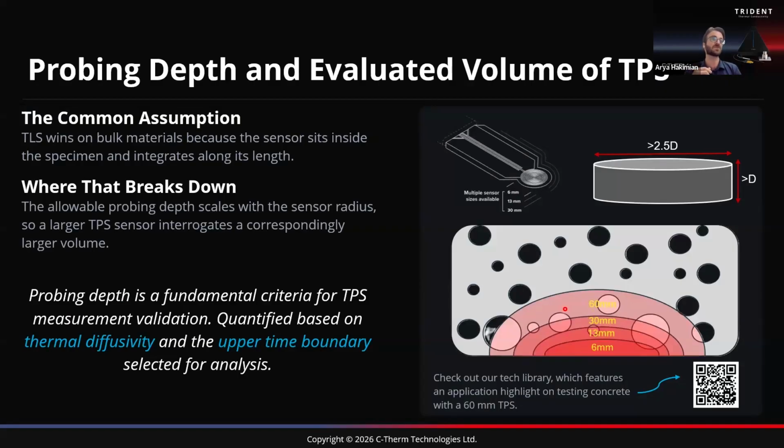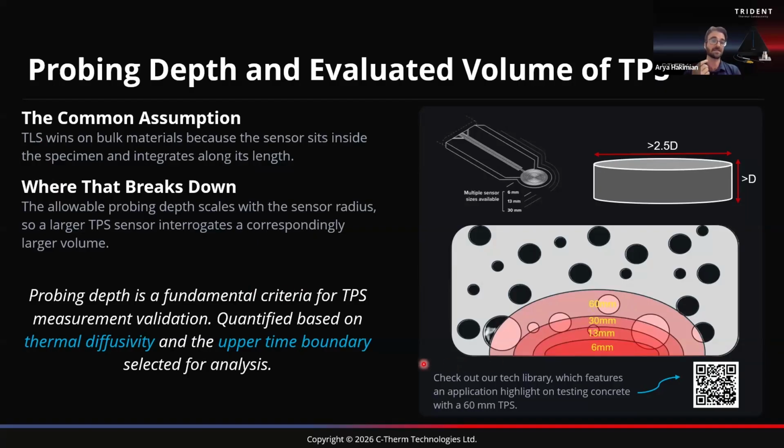That's because when we talk about your evaluated volume, we have to look at your probing depth. I'm using TPS here as the example to compare against that statement about TLS. The assumption that the TLS is basically the winner because it evaluates more doesn't hold up when you consider the fact that TPS comes in a variety of sensor sizes.